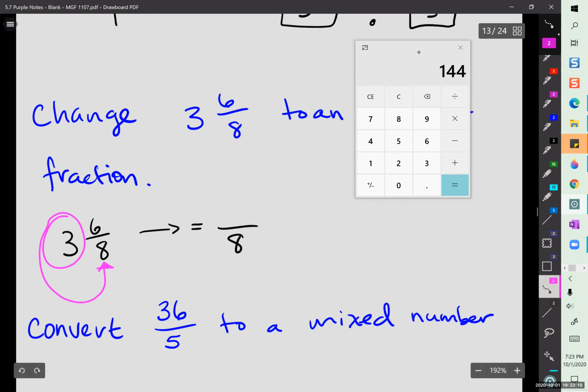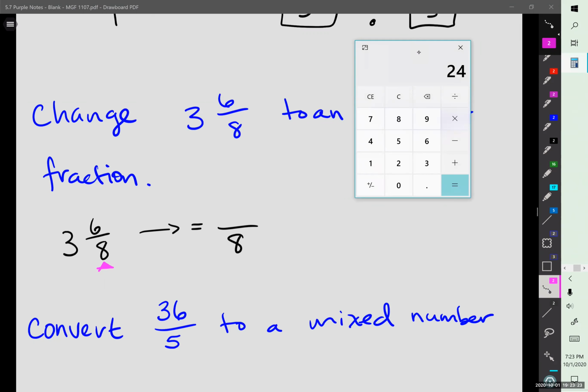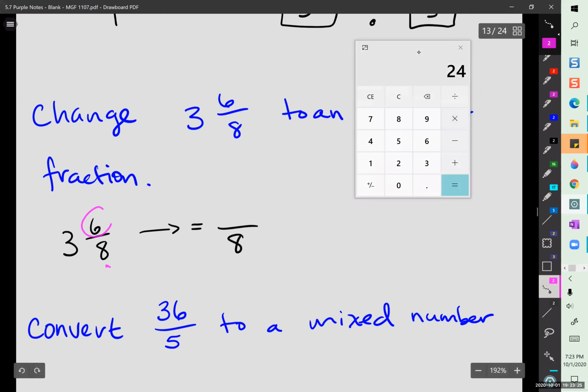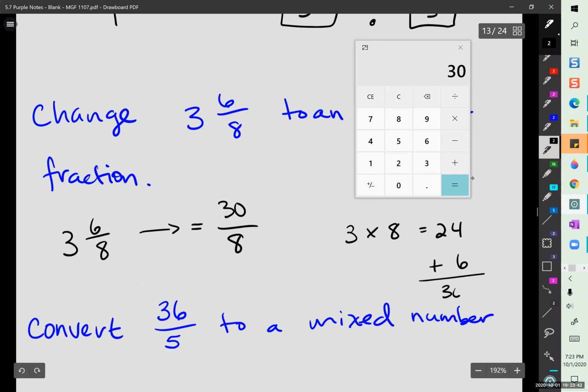So take the integer times the denominator. Whatever that number is, you then have to add the top number to it. So plus 6. And we would get 30/8. So the way I did that is I took the integer times the denominator, which gave us 24, and then you add the top of the fraction. And that's what goes in the top part there.